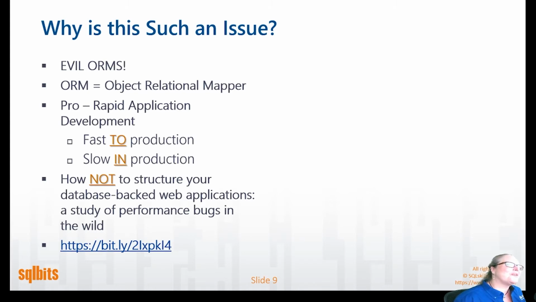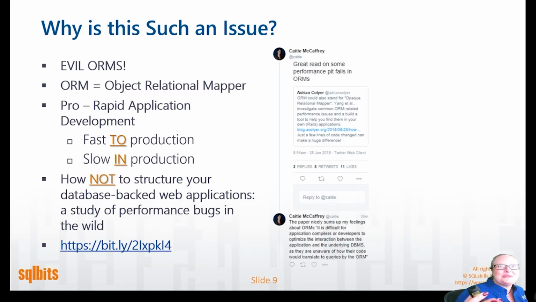And I remember one Twitter thread that I read, and I brought this up on the slide. I don't know this person, Katie McCaffrey, although I probably should find her and talk to her, but she started a thread on the pitfalls of ORMs and pointed to actually Adrian Colyer's article, and maybe I need to meet Adrian as well.